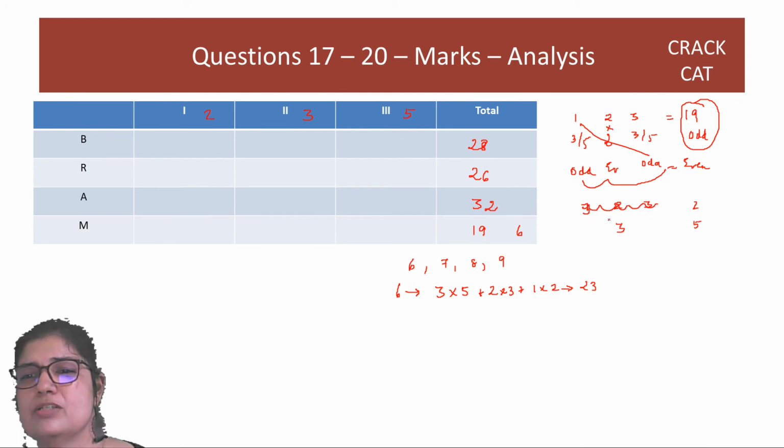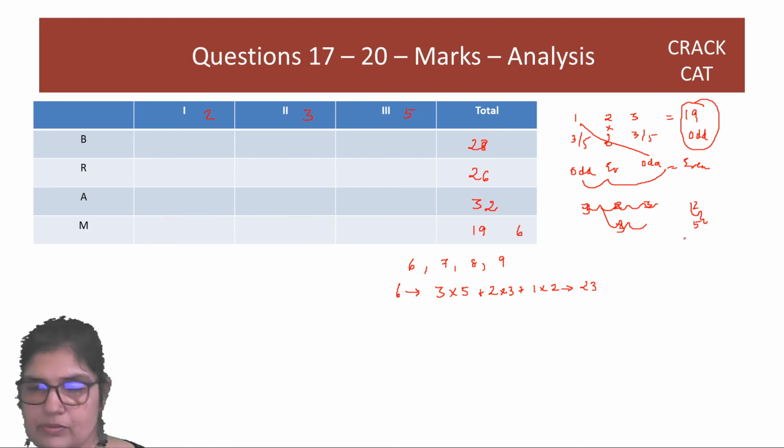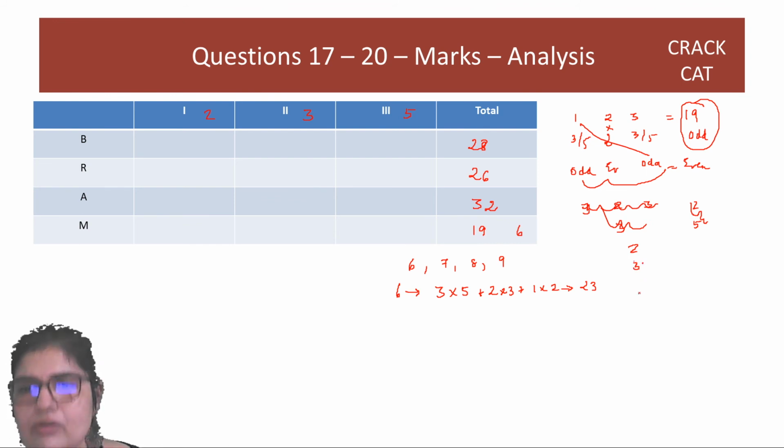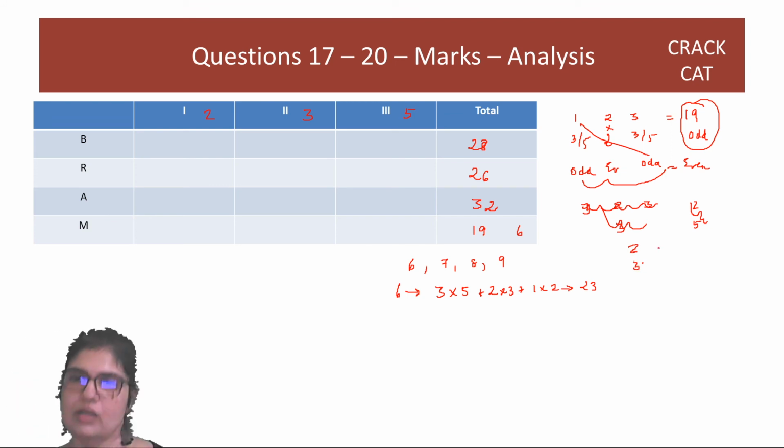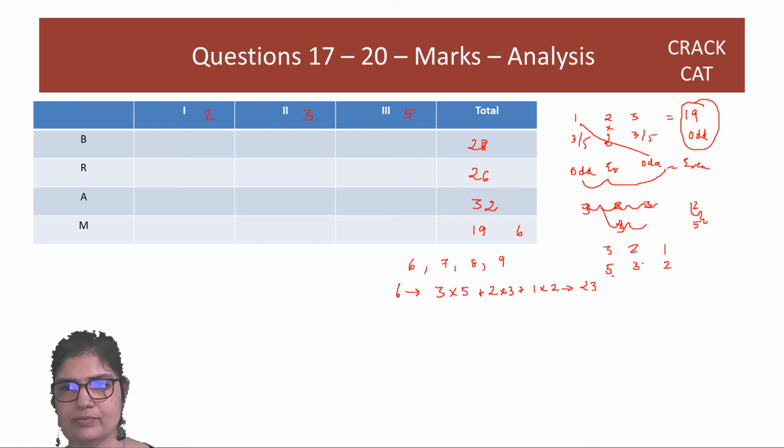Okay, I think we are just getting a little confused. Let's be very clear, okay? The 2 questions being attempted can either be attempted with the 3 marker or with the 5 marker. So 1 question can come from the 2 marks, and the 3 questions can come from 5 marks. This is one possibility.